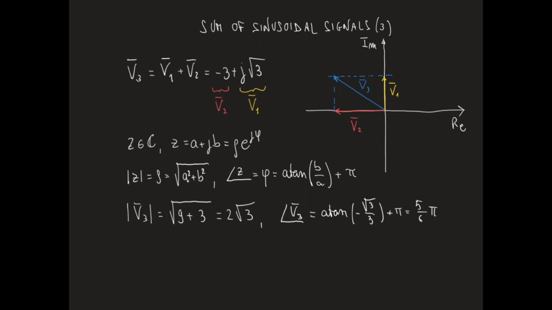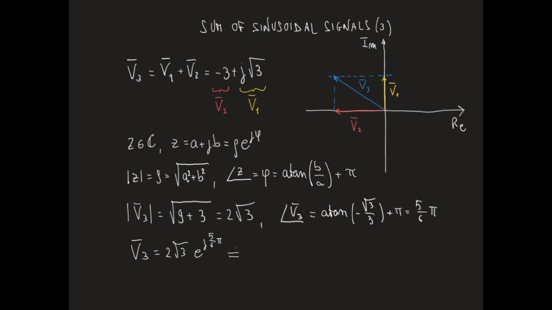Then the phasor V3 can be written in polar form as 2 the square root of 3 e to the j 5/6 of pi.